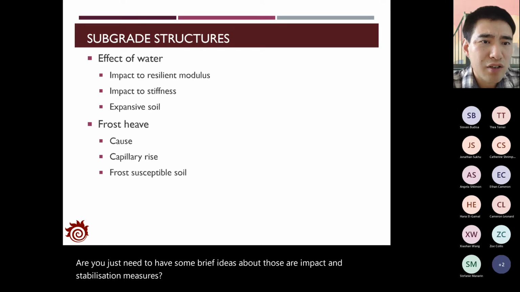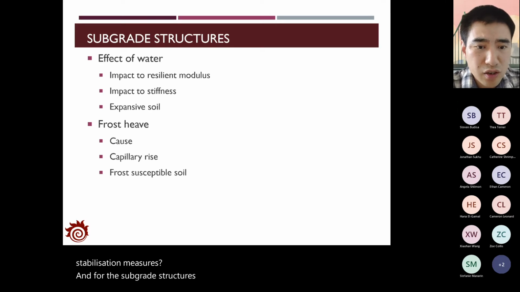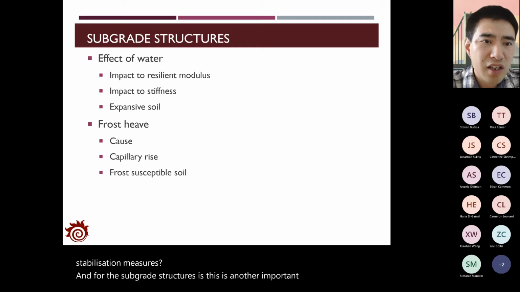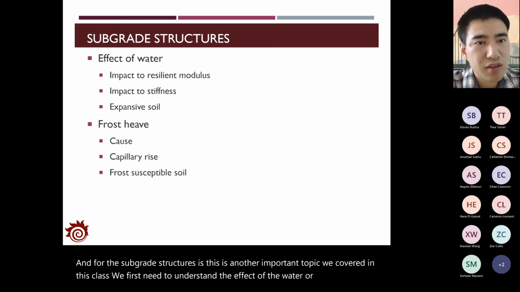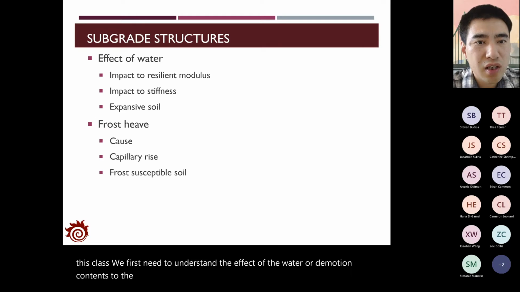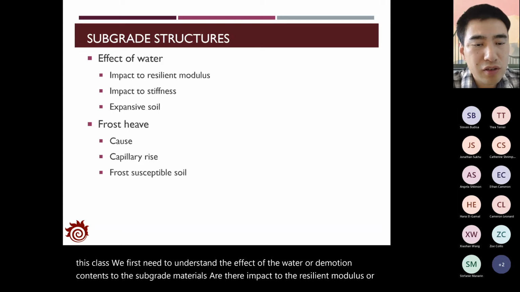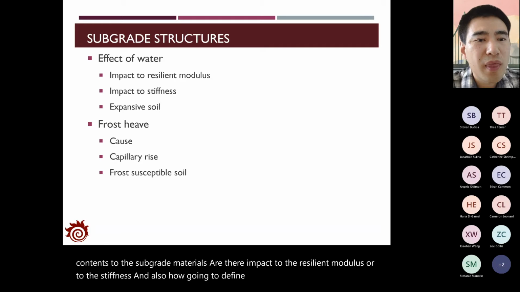And for the subgrade structures, this is another important topic we covered in this class. We first need to understand the effect of the water or the moisture contents on the subgrade materials, their impact on the resilient modulus, on the stiffness, and also how we define the expansive soil.